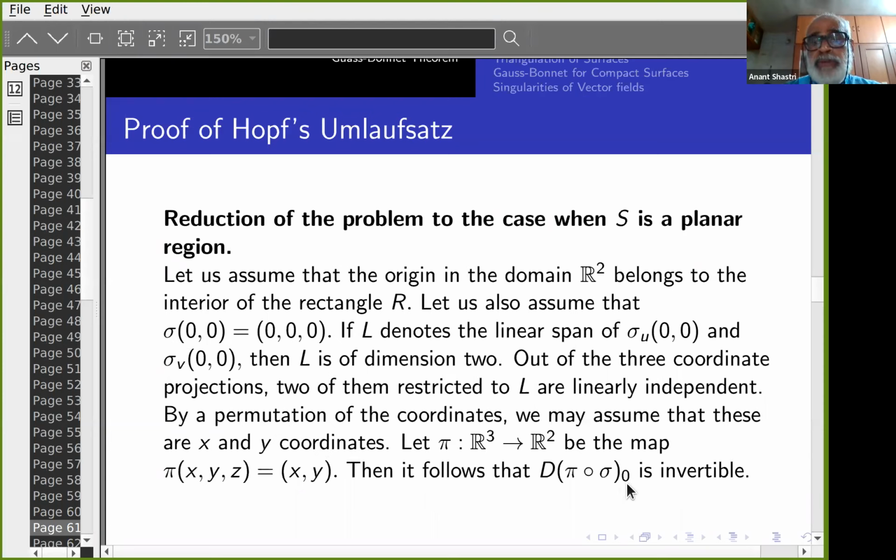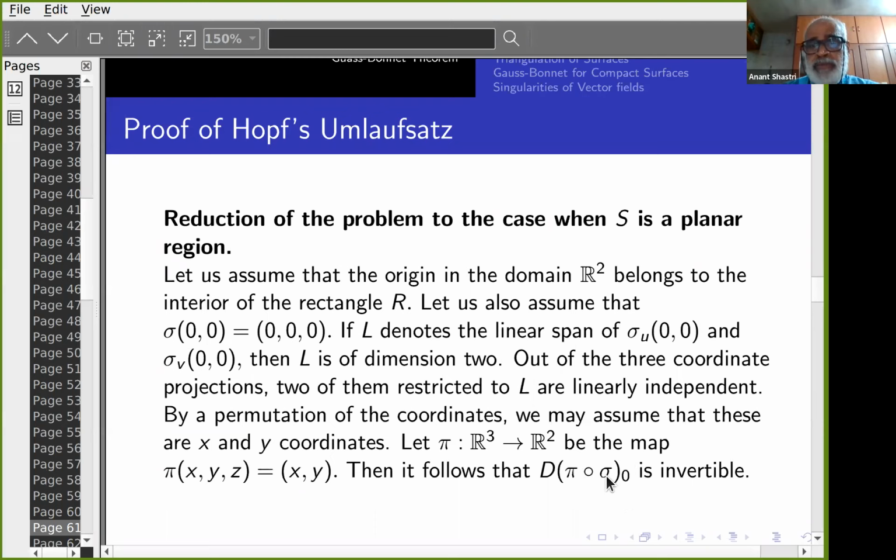This is a surjective mapping. d of (pi composite sigma) is nothing but d pi, which is this projection map, composed with d sigma at the point, the derivative, which will consist of the two vectors sigma u and sigma v. So this is the total derivative notation. Remember, in terms of this notation, we have set up that the Jacobian matrix is surjective.